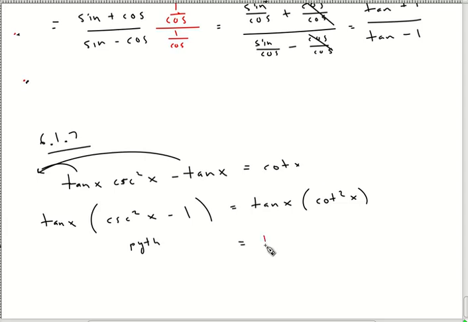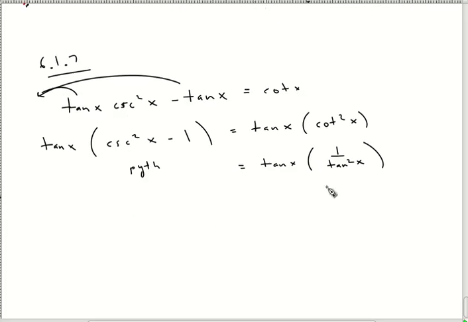Okay, well, now what I have is this guy is technically 1 over tangent squared, of course, because cotangent's the flip of tangent, that kind of thing. Well, this tangent's in the top and that's in the bottom, and so it cancels with one of them. So I got actually 1 over tangent now, which is just a cotangent.